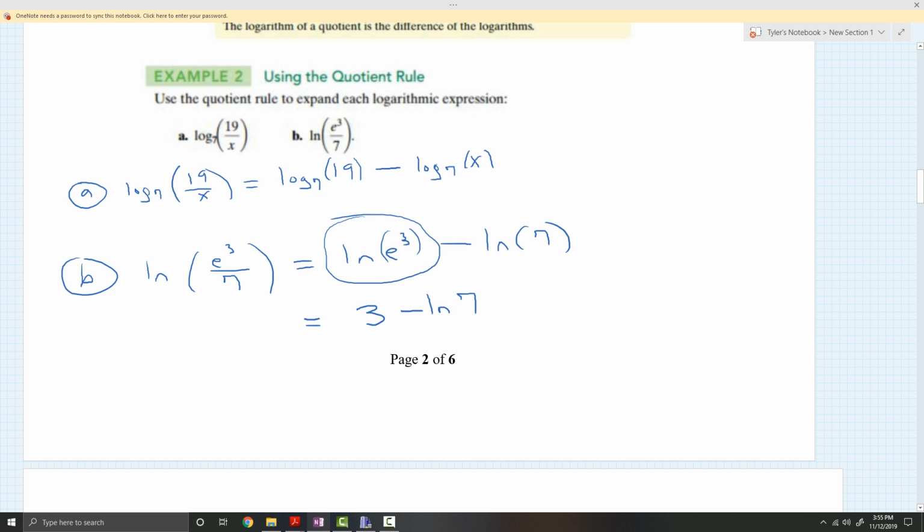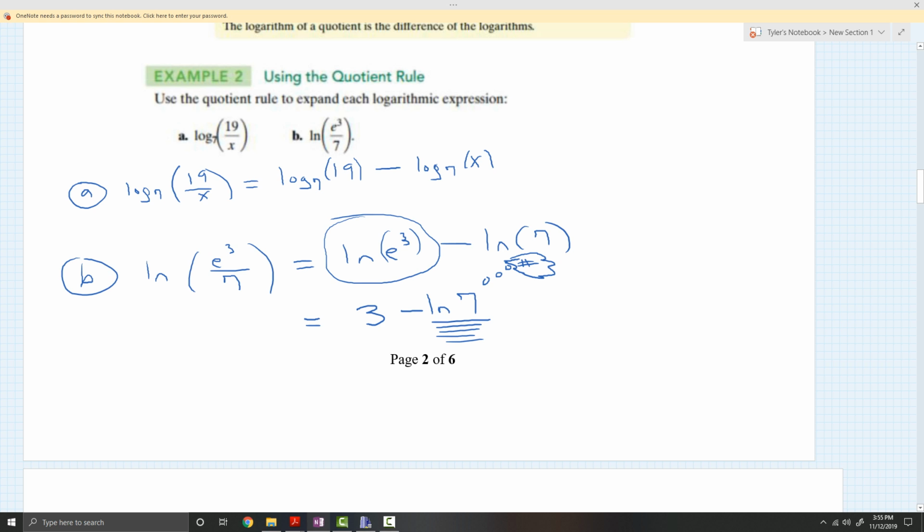Something else, just to note and emphasize, is whenever you have the log of a constant, so when I'm looking at this, it's just a number. When you see something like this, you should be thinking, if I make a thought bubble, when I see natural log of 7, that that's just some number.